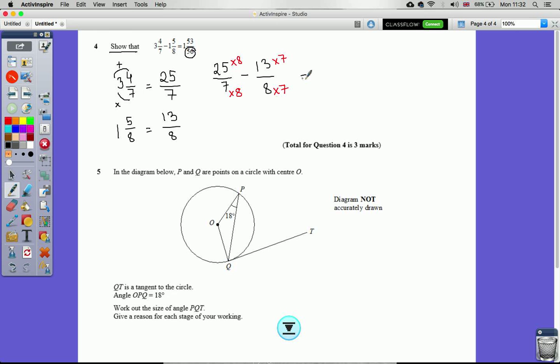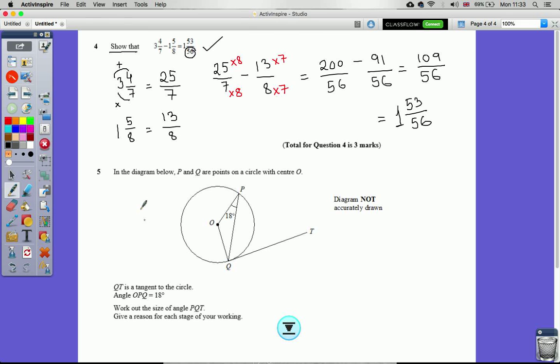We are getting 200 minus 91 over 56. 200 minus 91 is 109 over 56. How many times does 56 go into 109? You get 1 whole. The remainder is 53 over 56, and that is your answer.